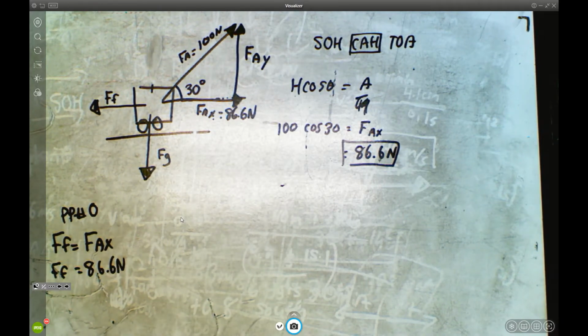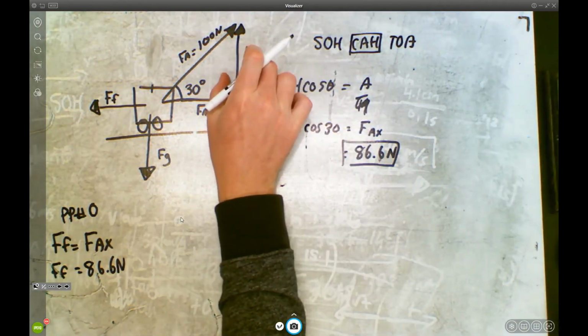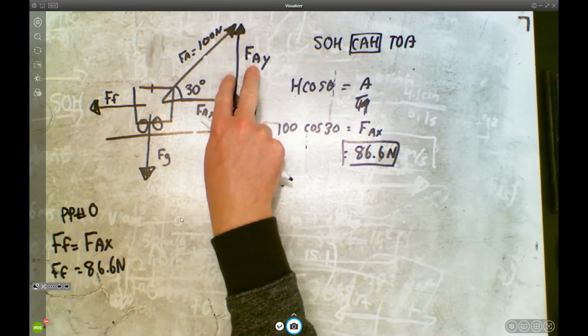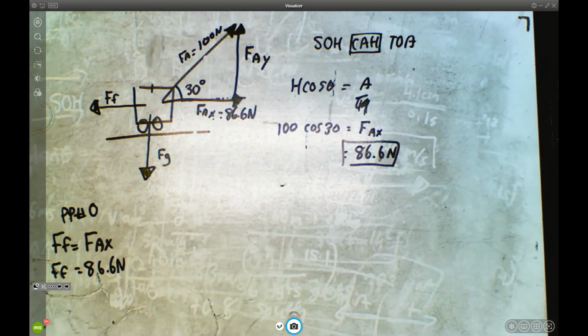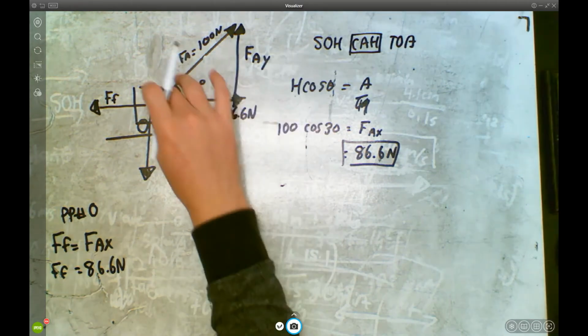Okay. Normal force, the second part of this question, is a little bit different as well, right? I have this force applied in the y, so a little bit of this 100 newtons is pulling it up. Normally when we draw a free body diagram, we draw the forces from the center of the object.